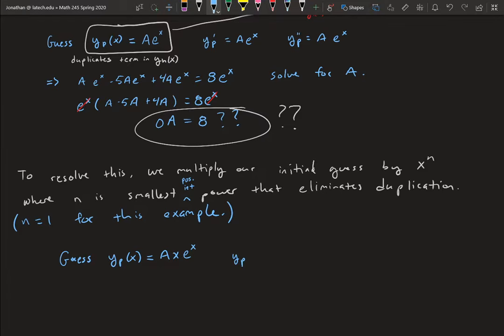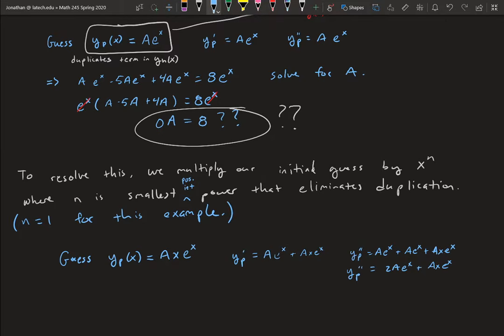So yp prime, with a little product rule, is a times e to the x plus a x e to the x, and then yp double prime is going to be a e to the x plus a e to the x plus a x e to the x, which is really just 2a e to the x plus a x e to the x.